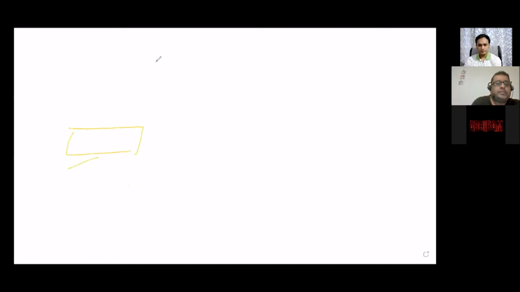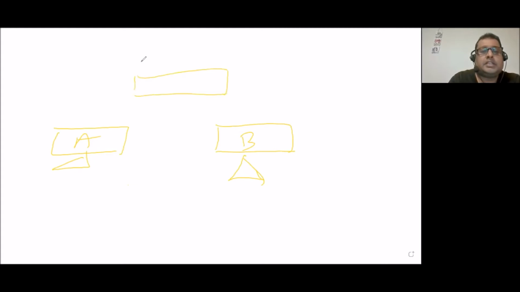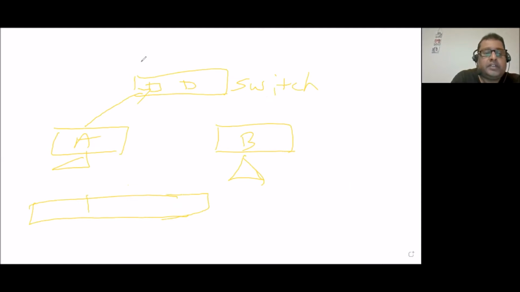I have got a computer A, a computer B, and other computers as well. I'm not drawing everything, but I am connecting these devices through a device called a switch. What is the difference here? When the packet goes from A to B, as I mentioned in the OSI layer, we have got data.